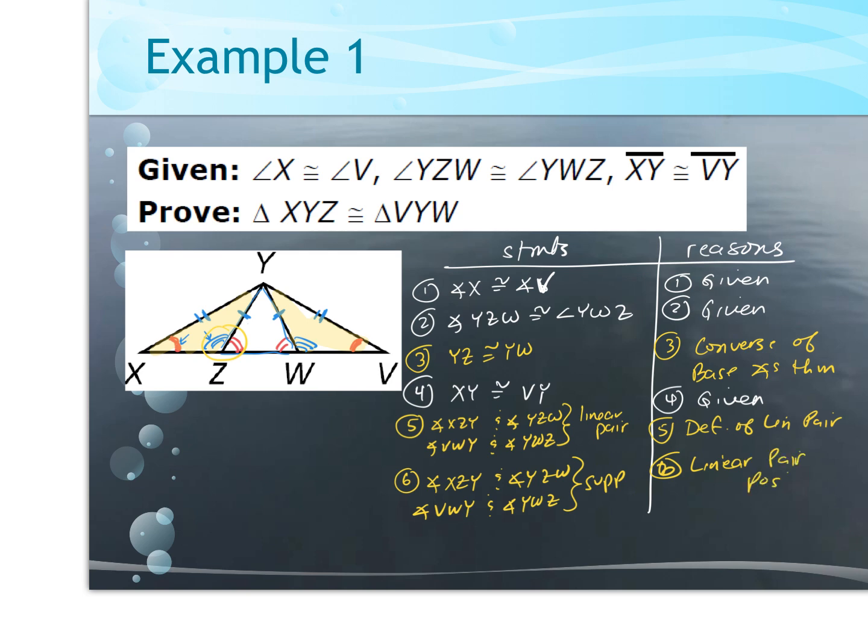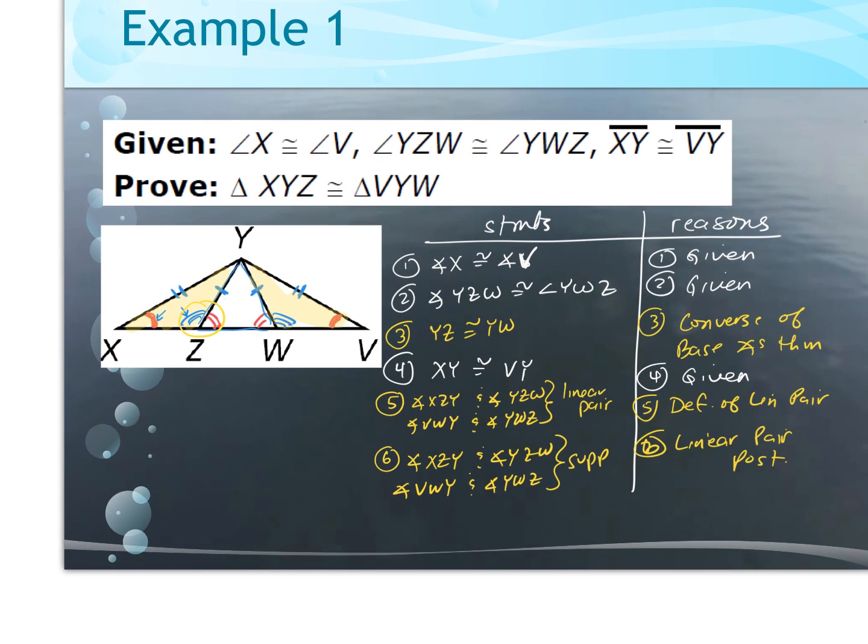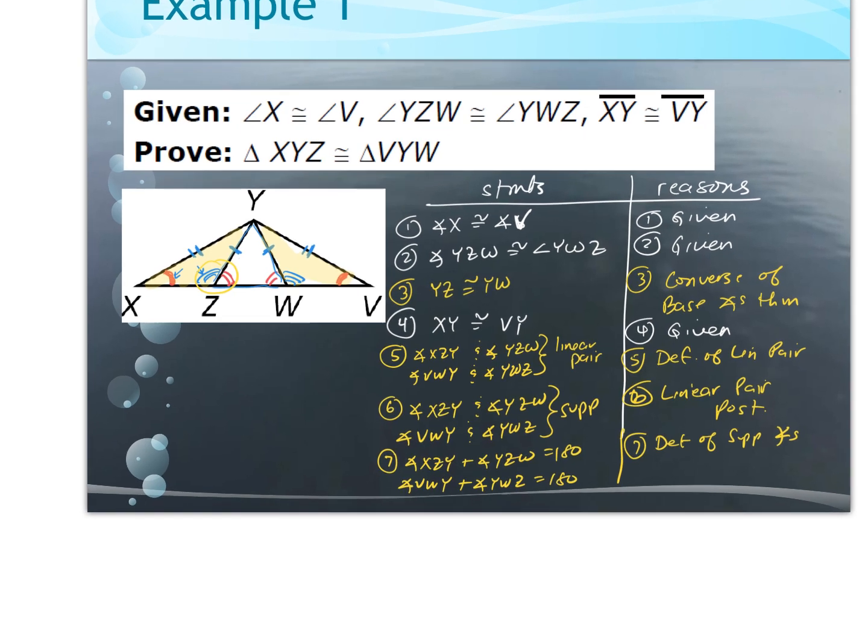So again, remember I told you these are like patterns, they flow. The next thing I'm going to do is say that angle XZY plus angle YZW and angle VWY plus angle YWZ both equal 180 degrees. And I know that because that's the definition of supplementary angles. That tells me their sum is 180.